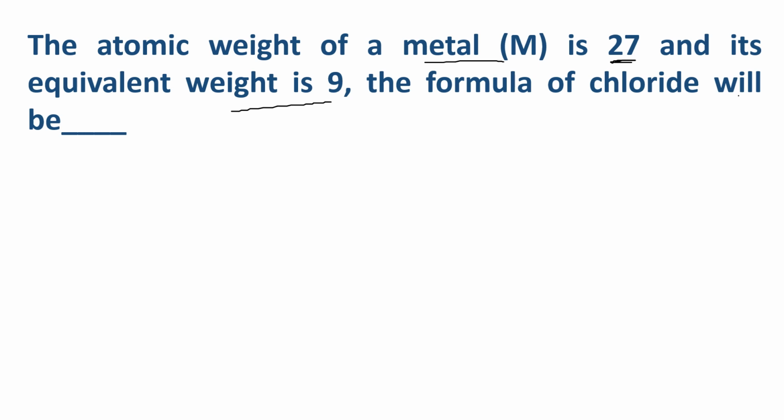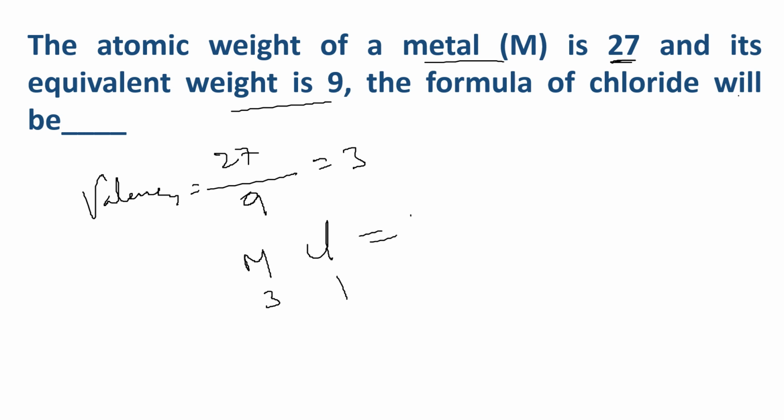Yes. So here, valency is nothing but atomic weight divided by equivalent weight. You will get 3. So the metal M has valency 3, and chloride is 1. Then what is the formula? MCl3. So the question is asking MCl3. How do you calculate it? Equivalent weight is equal to atomic weight divided by valency.